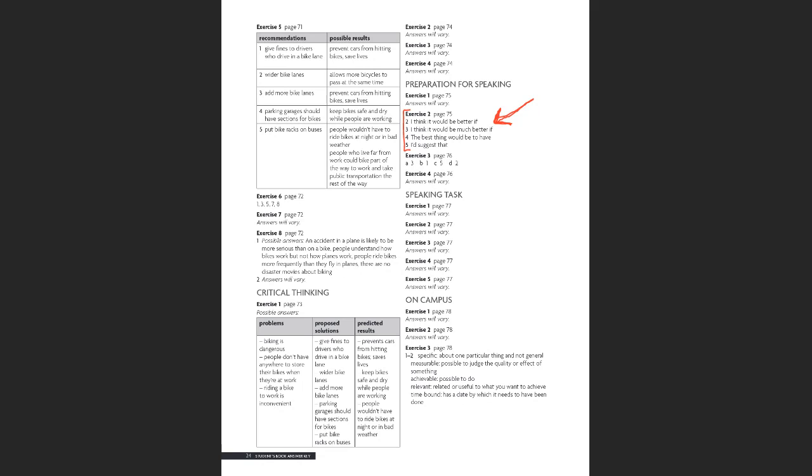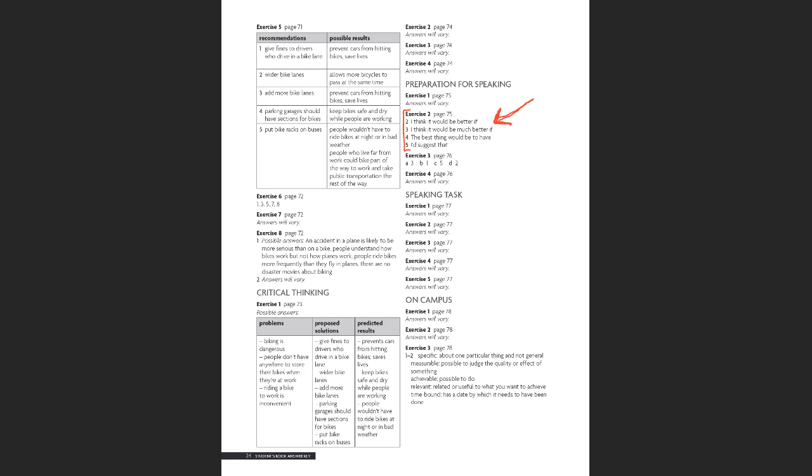And then number 3 is so easy, right? It's almost the same. I think it would be much better if. Okay, that's number 3. And Carolina, what about number 4? The best thing will be. Yes, the best thing would be.